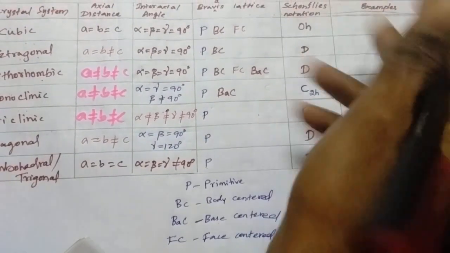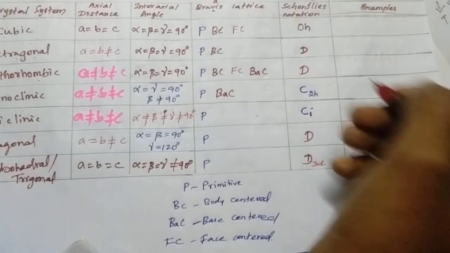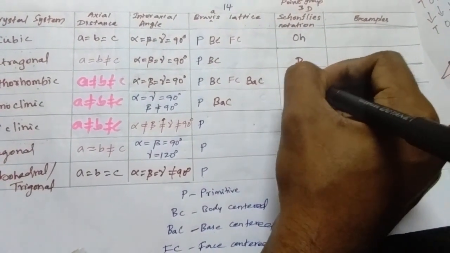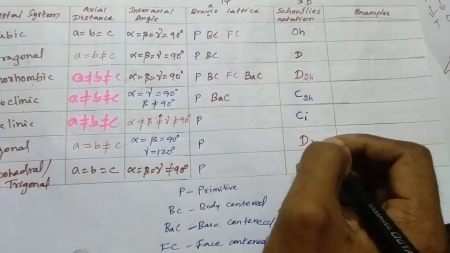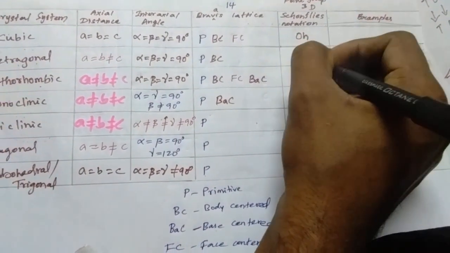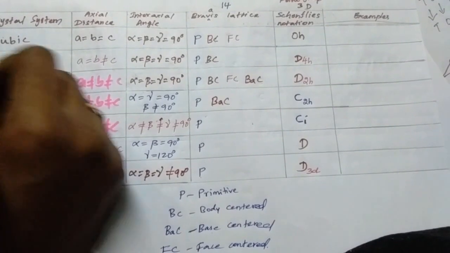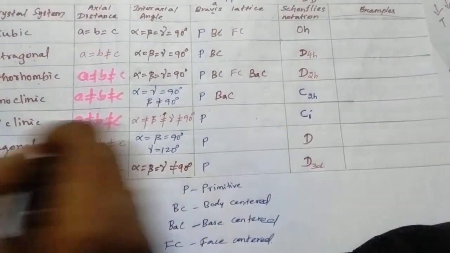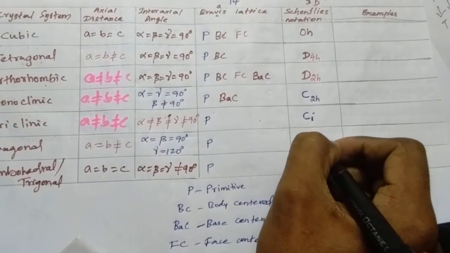Okay, all others have this. Near to C2h you can write D2h. Near to this you can write D4h. You can remember this, 4 for tetra means 4, so D4h. This is hexa, so you can write D6h.